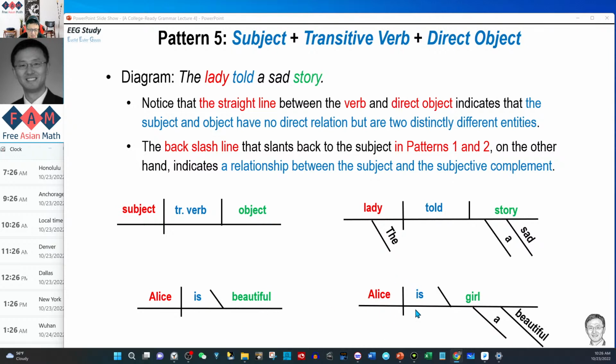And the verbs are also different. Here, in pattern 5, we have a transitive verb, and in pattern 1 and 2, we have a be verb. As we will see later today, in pattern 6 and 7, we can replace this be verb with a so-called linking verb. But logically, that's very similar to the be verb.